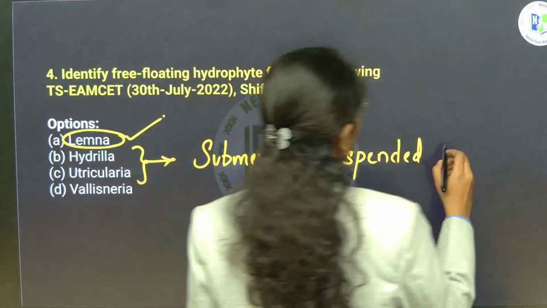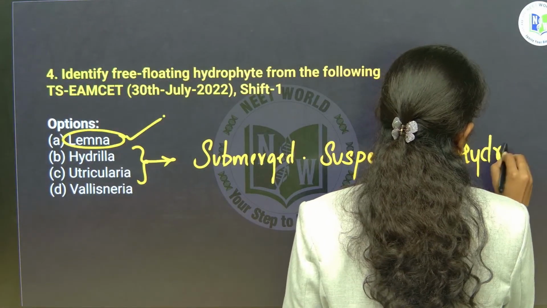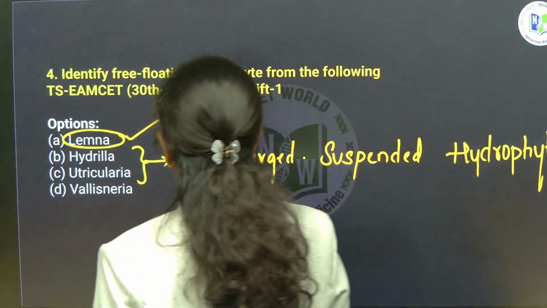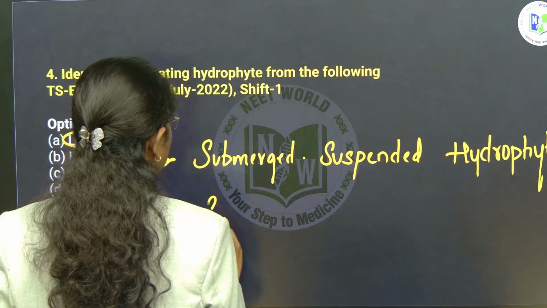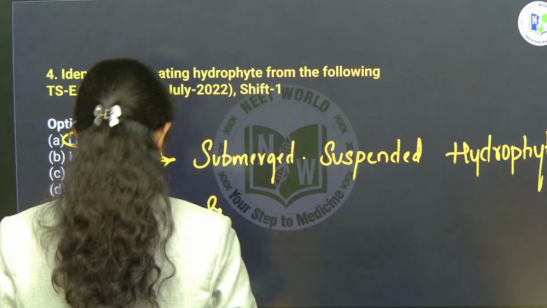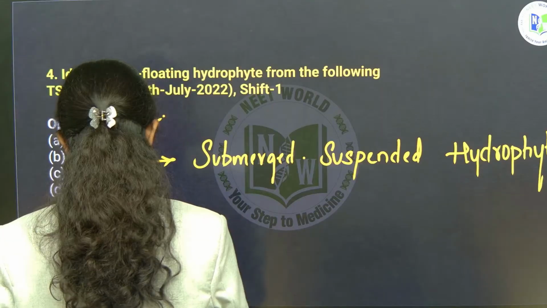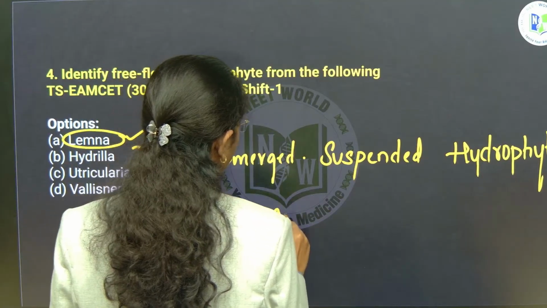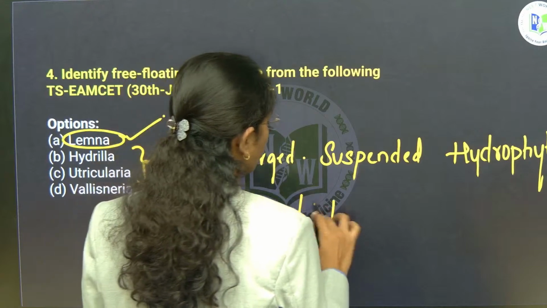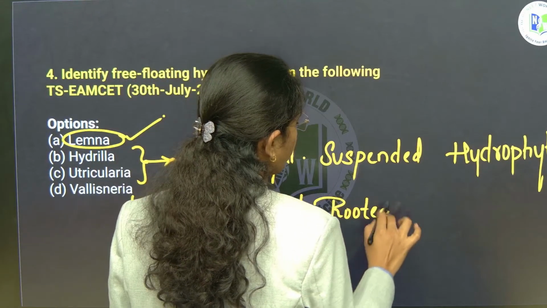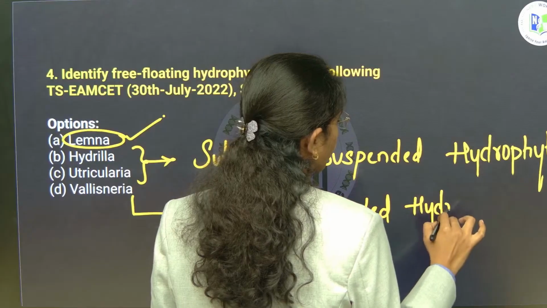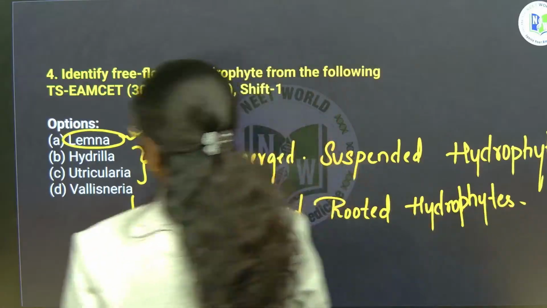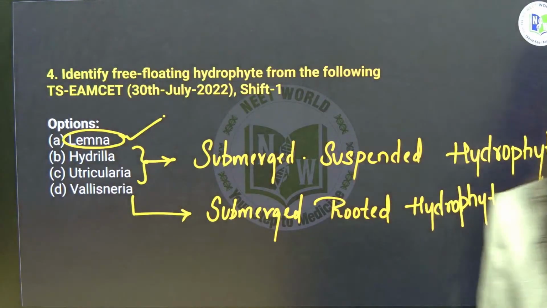Vallisneria is submerged rooted hydrophyte. Fine. Next question.